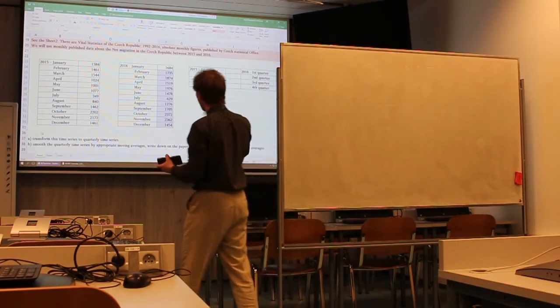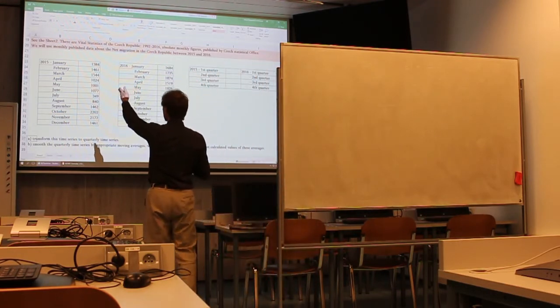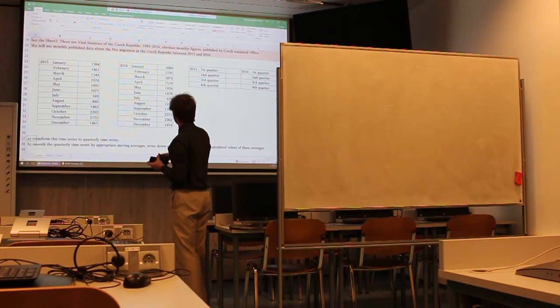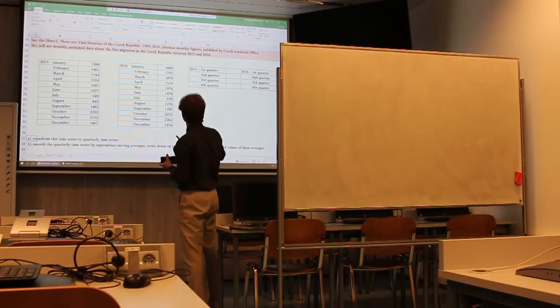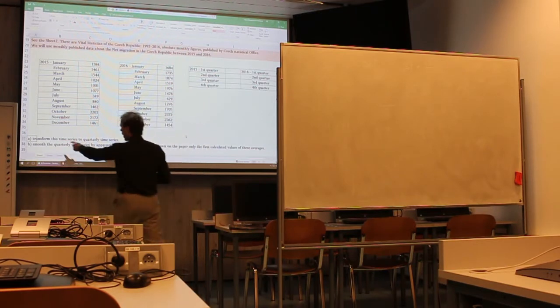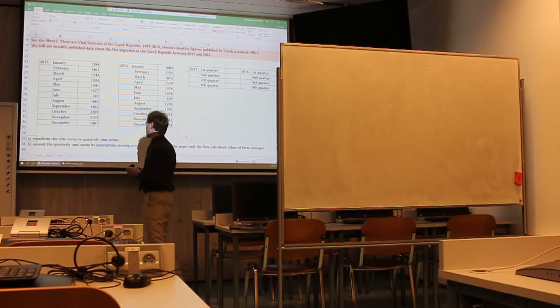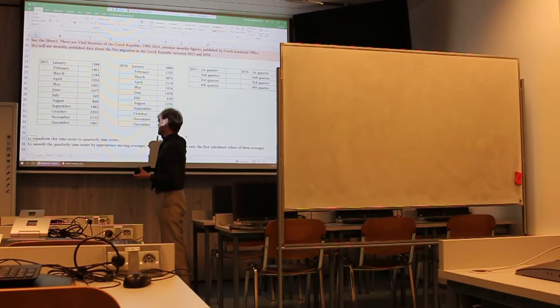So we'll use monthly published data about the net migration in the Czech Republic between year 2015 and 2016, and we would like to transform this monthly time series to quarterly time series.